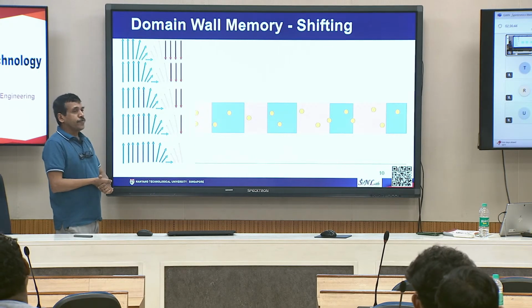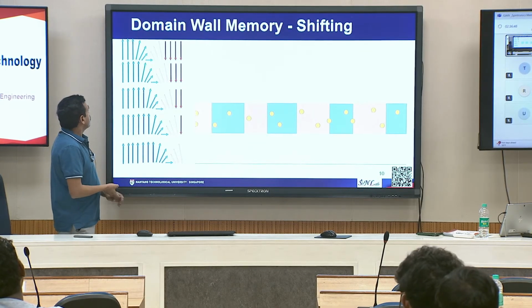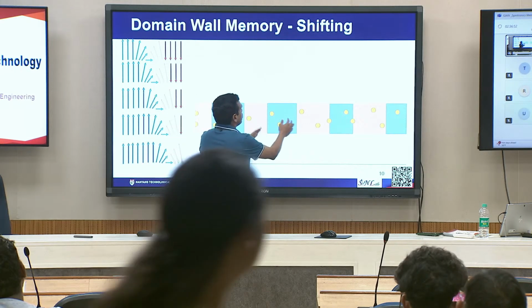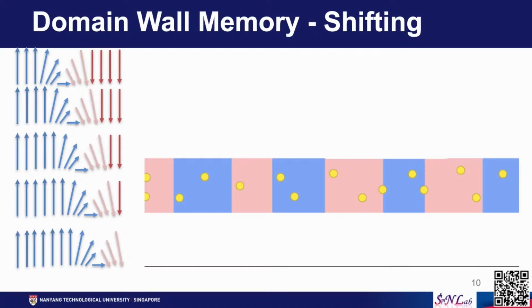If you want to read or write the data, we have to shift the domain. Let us say there is a reader here that reads the information. If you want to read this particular bit, you have to move this domain there. So, shifting of domains is important when it comes to domain wall memory.